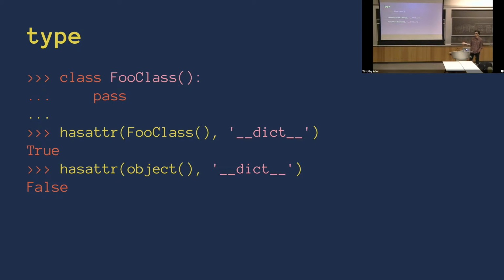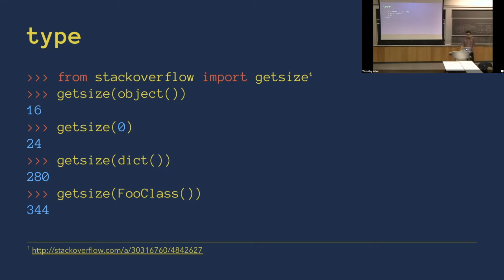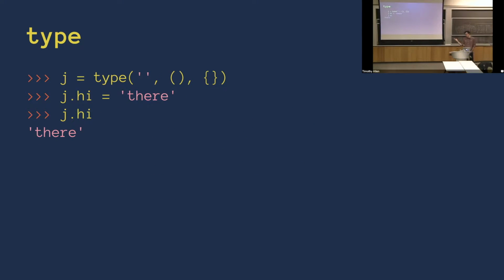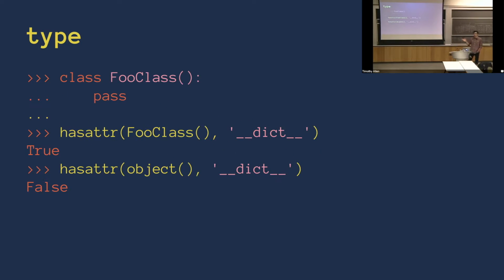Does everyone know what the dunder dict is? Dunder dict is how instantiated objects hold attributes on them. So when we say j.high equals there, on a normal object that would be put into a magical dictionary, dict under dunder, and that's where it would be stored. And when you went to access it, it would look it up.